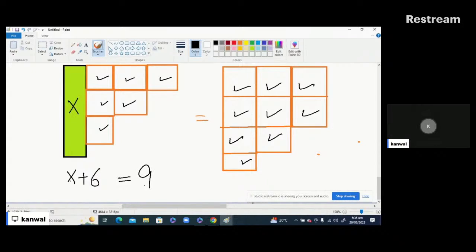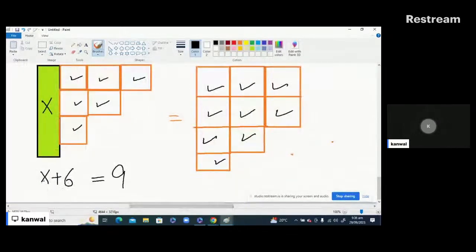Got it? Now let's find the value of x. First of all, just add -6 to both sides. Now x plus 6 minus 6 is equal to 9 minus 6.